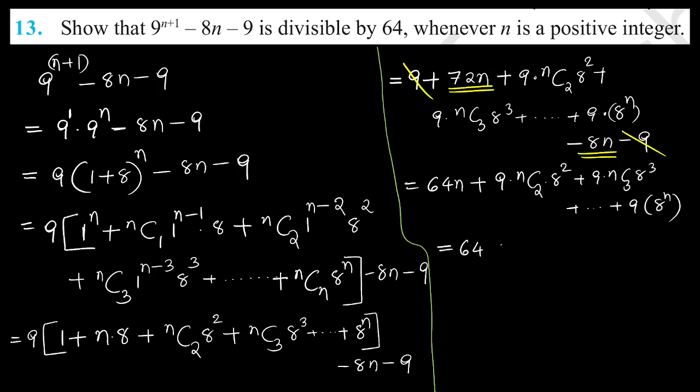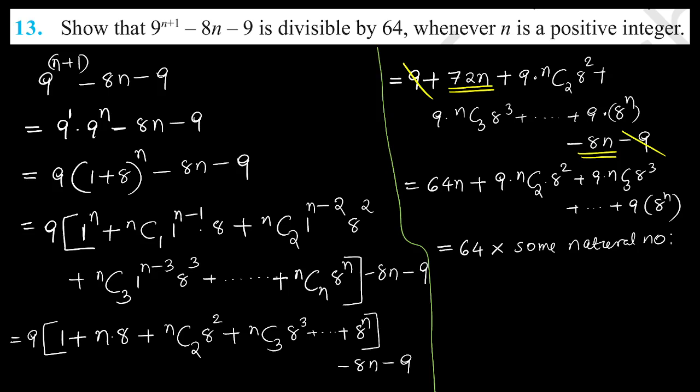There is no need to write any further step. Let this be the last step: 64 into some natural number. What is the reason? Because 64 is common in every term, we can take 64 outside. If you take 64 outside, the remaining NC2, NC3, etc. will be some natural number.